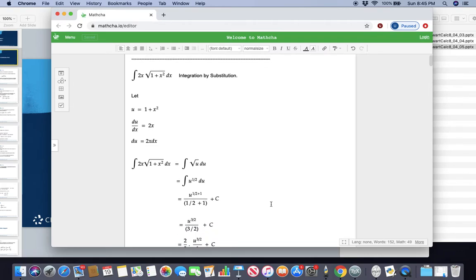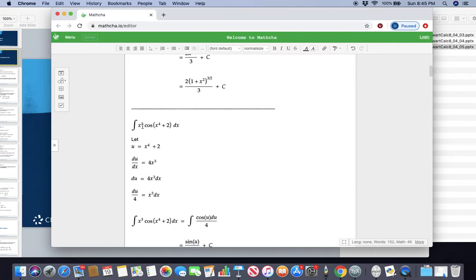Okay, let's try one more example. Integral of x cubed cosine of x to the 4th plus 2 dx. Notice this guy, its derivative is this. You see? So that's our hint. You found something whose derivative was the rest.